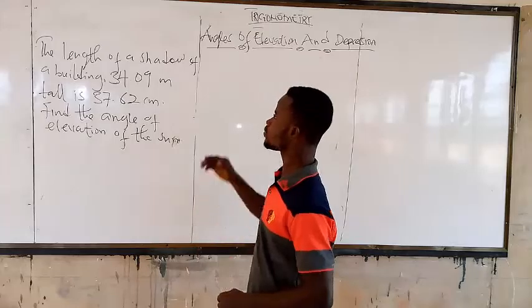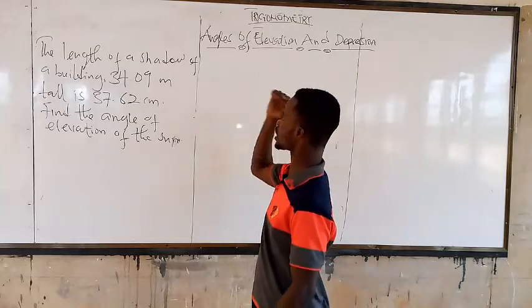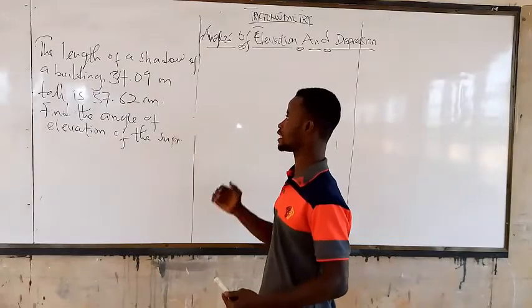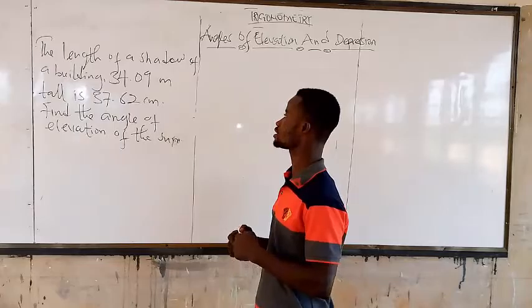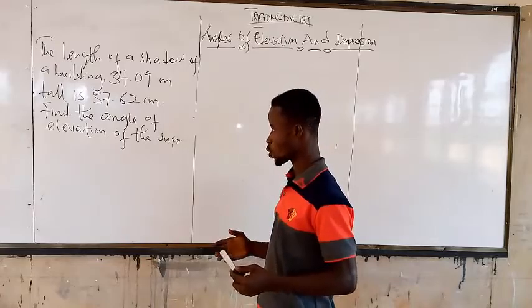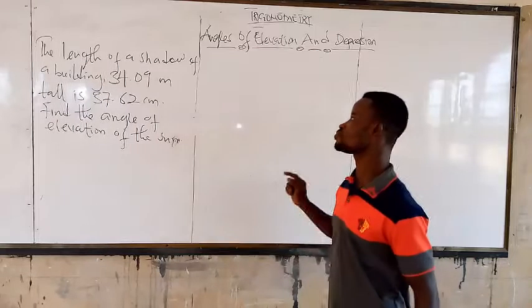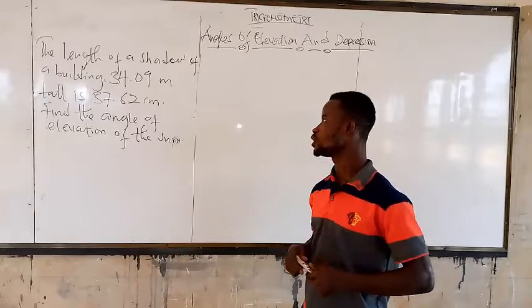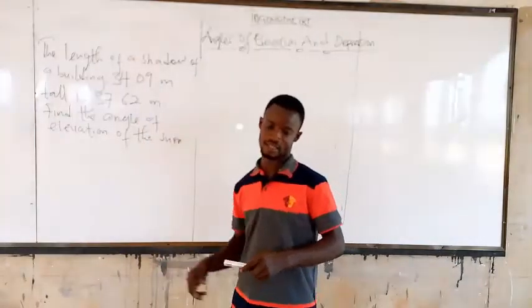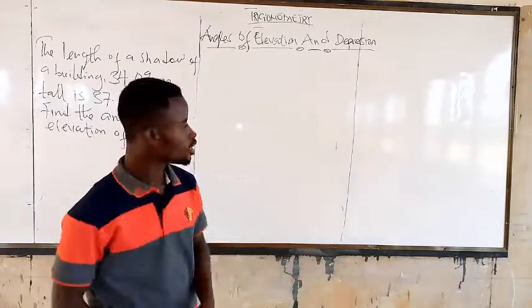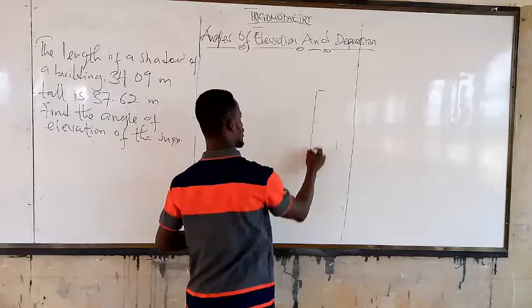Elevation. So we have that the length of a shadow of a building is 34.09 meters tall, and is 37.62 meters. So here, let's assume this is our building.